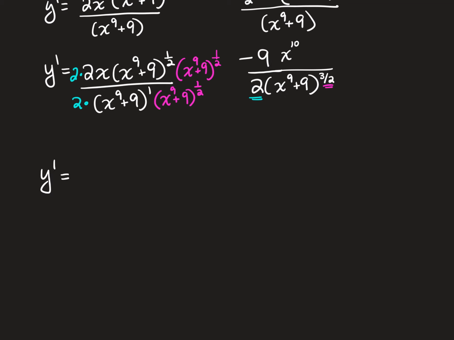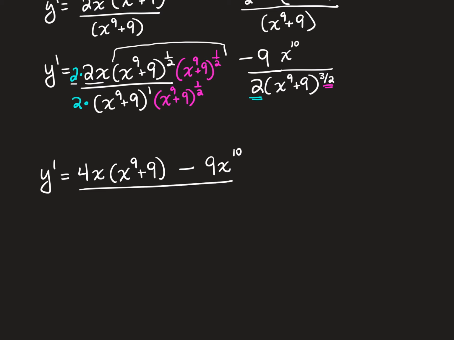So y prime equals, so 2 times 2x, that's 4x. When I multiply this part together, I'm going to add those exponents together and I get an exponent of 1. So I'm going to have x to the 9th plus 9 to the 1st power. And then I'm going to subtract 9x to the 10th power. And then I've got my common denominator, which is 2 times x to the 9th plus 9 raised to the 3/2 power.